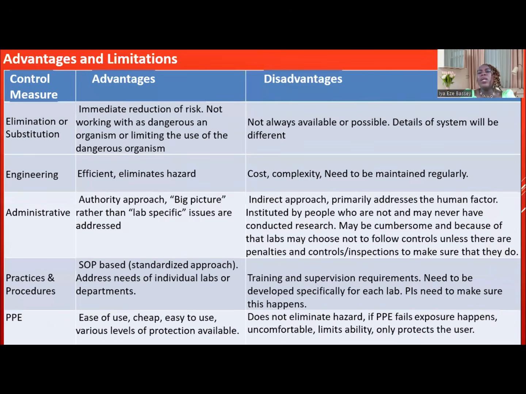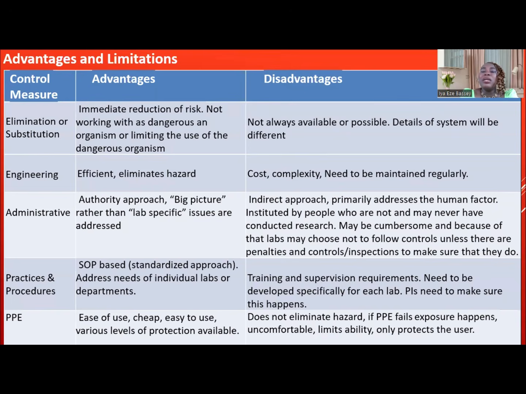All right. So what are the advantages and disadvantages of using each of these methods? Let's see. For elimination or substitution, an advantage is that you are reducing risk immediately because you are not working with an organism that is as dangerous as the organism you wanted to use, or you are limiting the use of the dangerous organism by working in designated facilities.